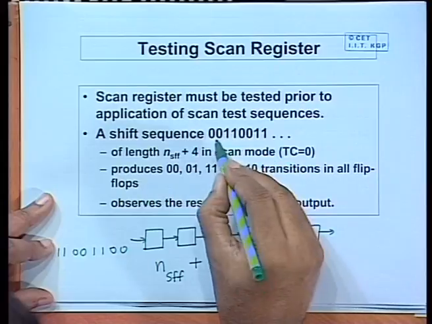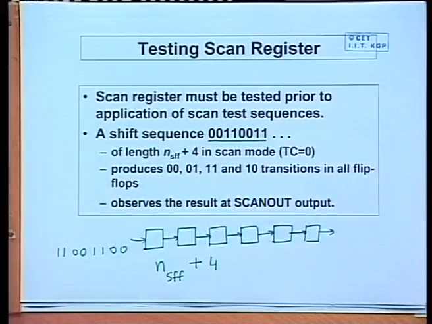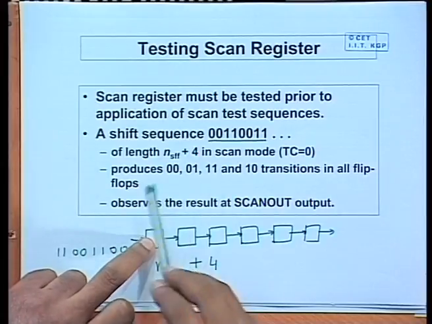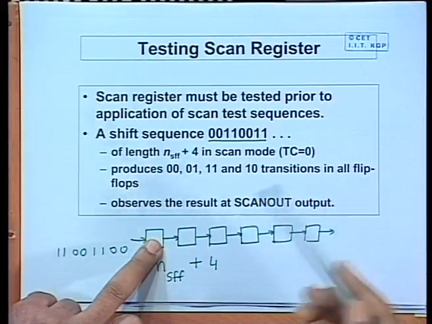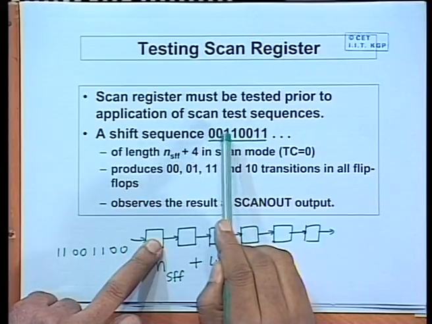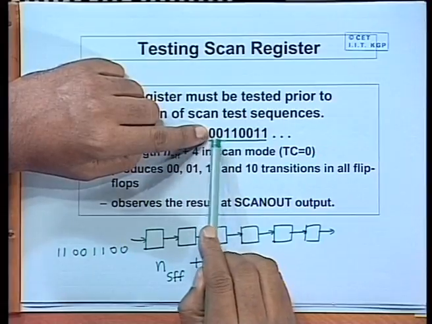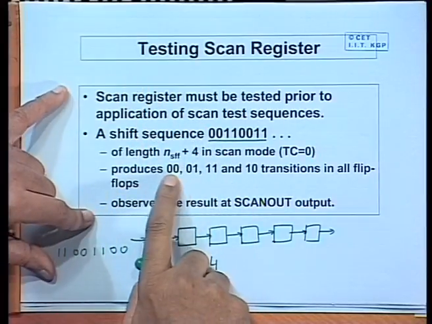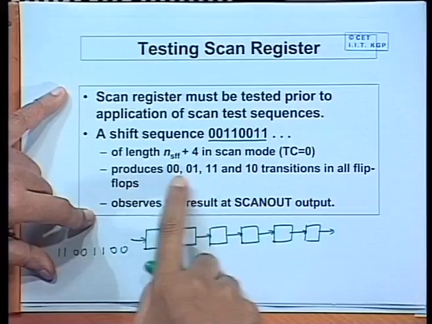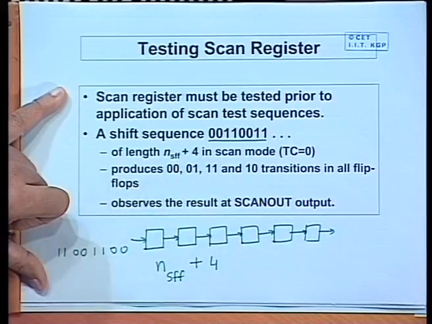See, the idea behind applying this particular pattern is that if you look at this pattern, then each flip flop in terms of the clock cycles will be assuming value 0, then 0, then 1, then 1, then again 0. So, if you look at the present value and the next value, they are undergoing all possible transitions 0 to 0, 0 to 1, 1 to 1 and 1 to 0.